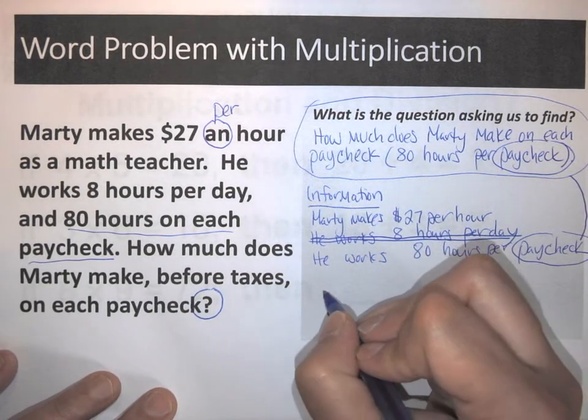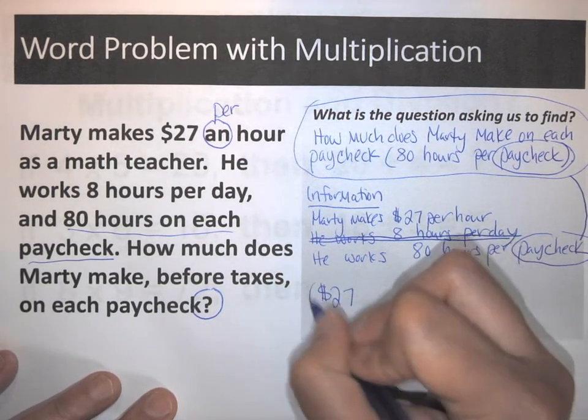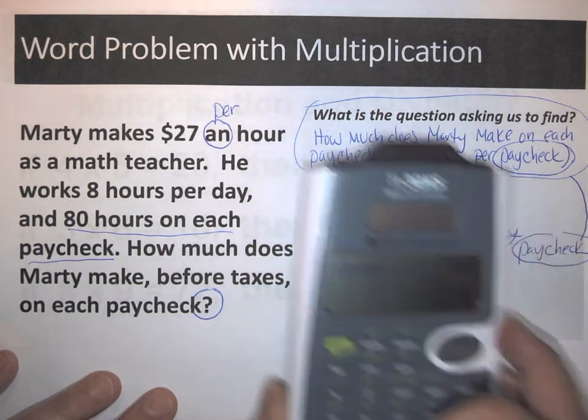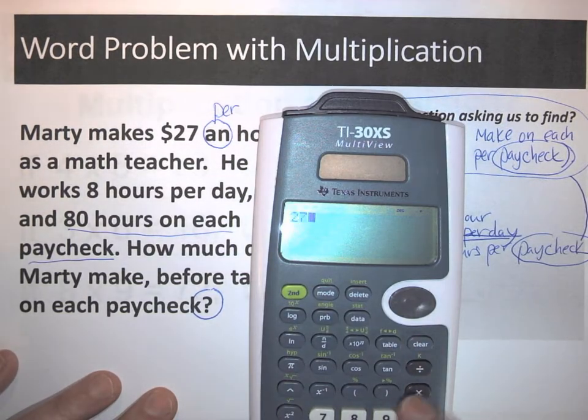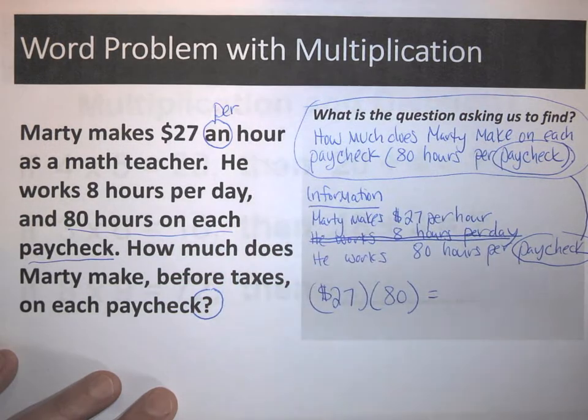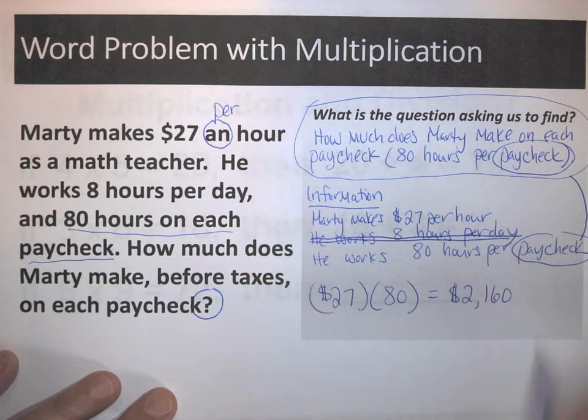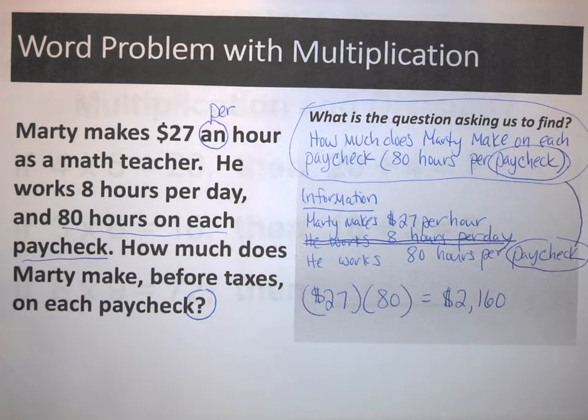So we'll take his 27 that he has 80 times. And before taxes, he's going to make $2,160.